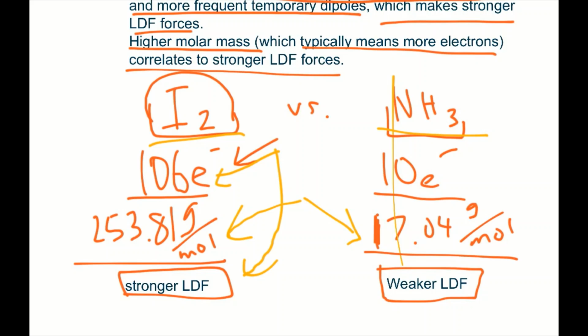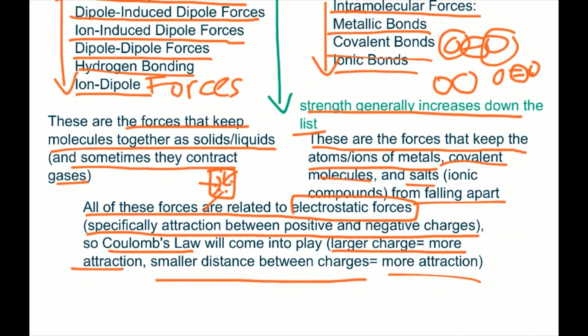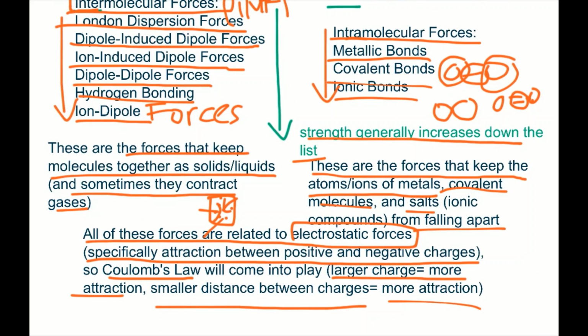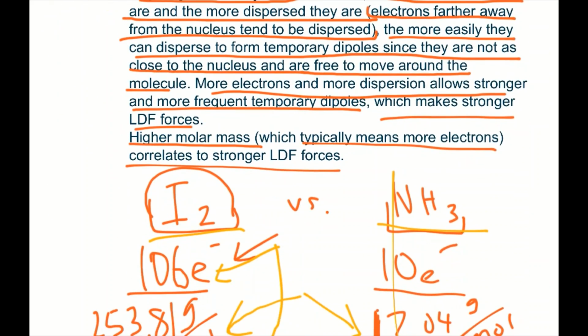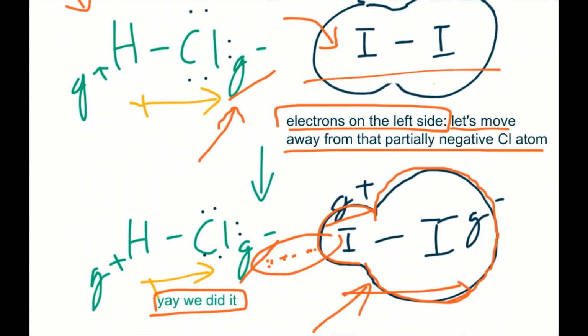And all of this contributes to a stronger LDF for I2 over NH3. So remember, intermolecular forces and intramolecular forces are caused by electrostatic forces, so you have to talk about these in terms of electrons, protons, whatever that may be. And yeah, that's just a point I wanted to make.